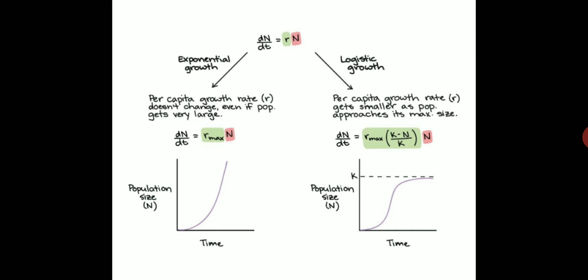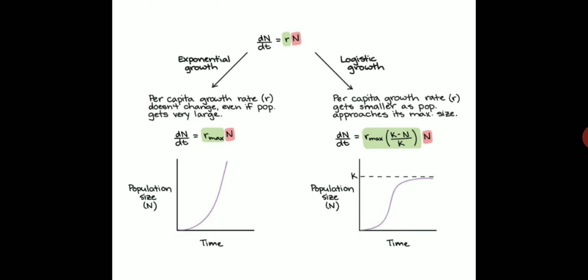The equation for logistic growth is different from that of exponential growth. If K is the carrying capacity, then K minus N is the number of additional individuals that the environment can accommodate, and (K minus N) divided by K is the fraction of K that is still available for population growth.